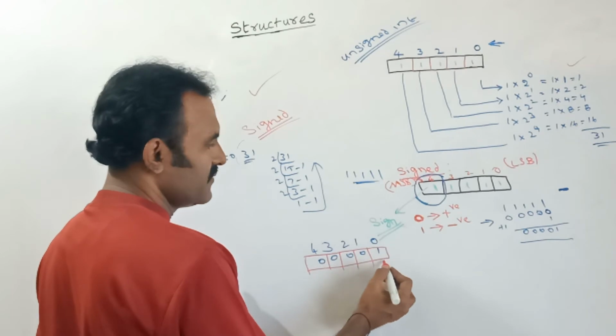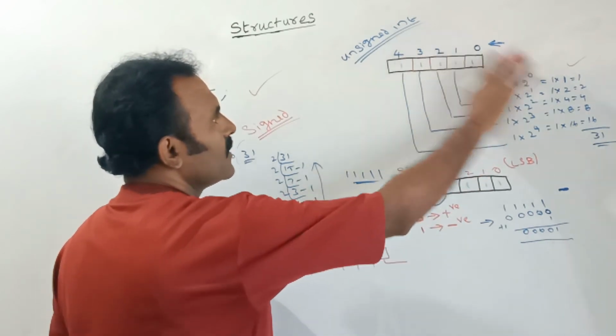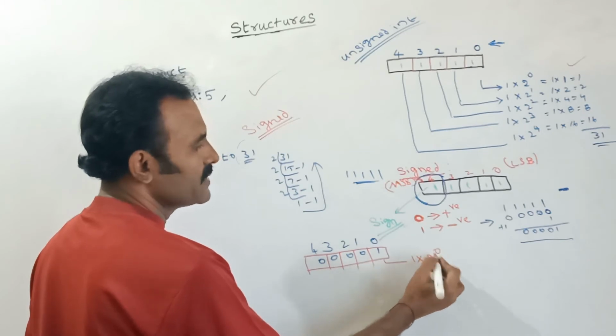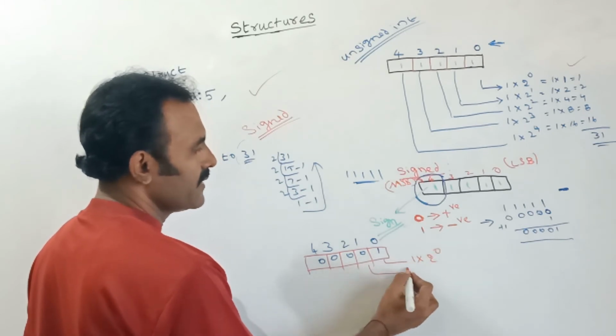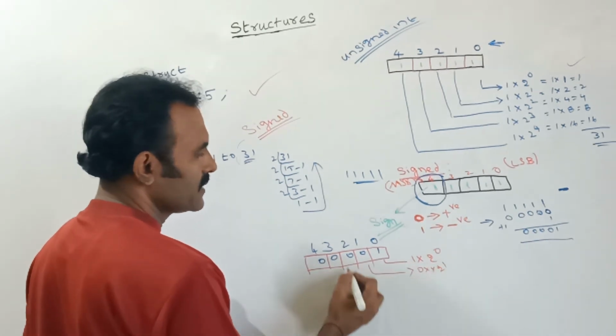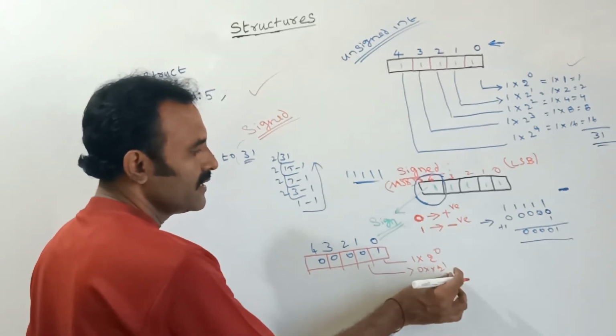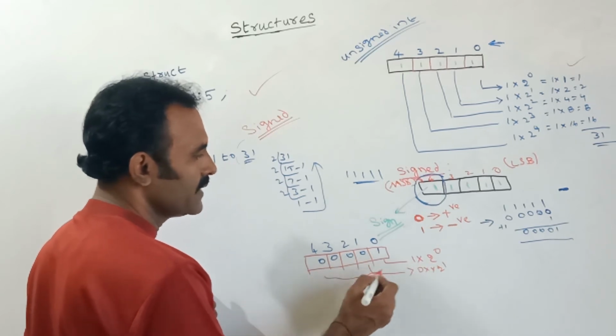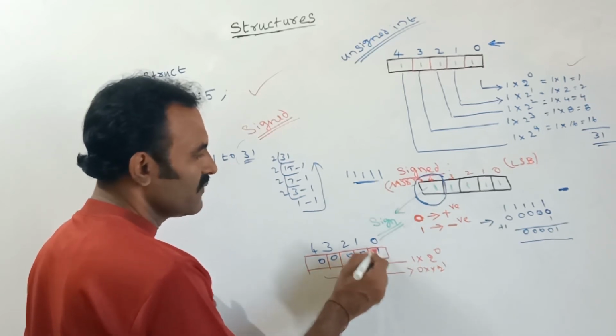Here what is the value? If you are converting it into decimal, we can convert like this. First 1 into 2 to the power 0. Next remaining everything is 0. 0 into 2 to the power 1. Next 0 into 2 to the power, anything multiplied by 0 is 0, so we need not find the remaining. Here only one value, that is 1.